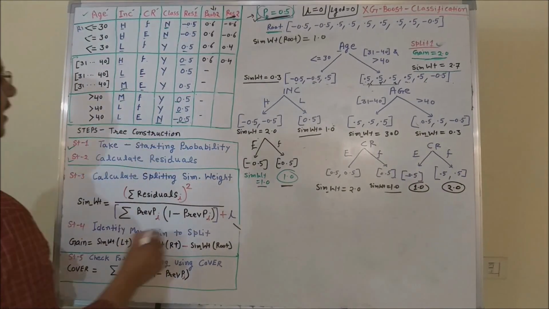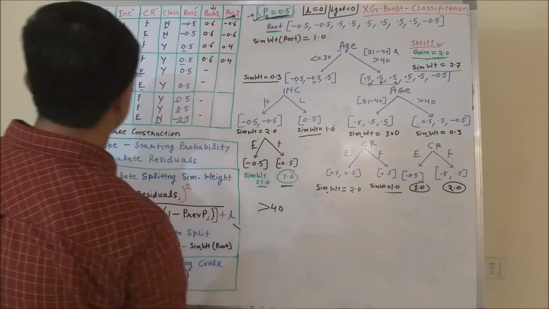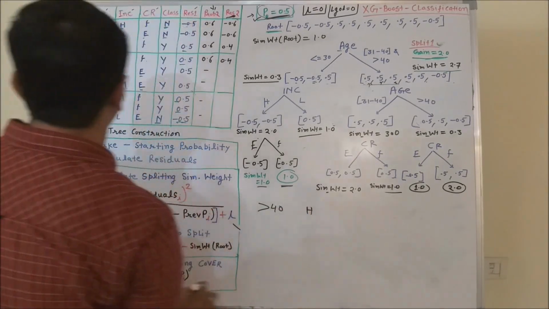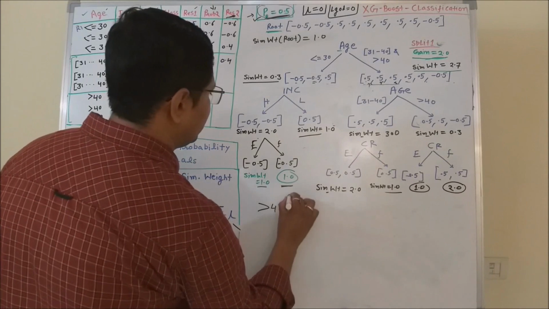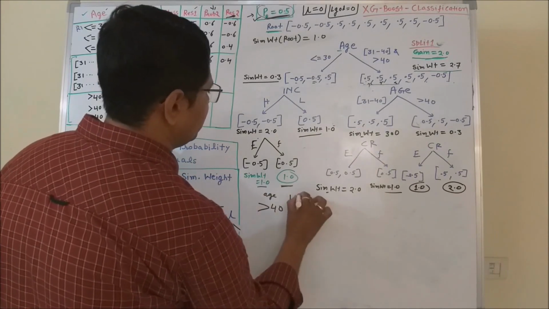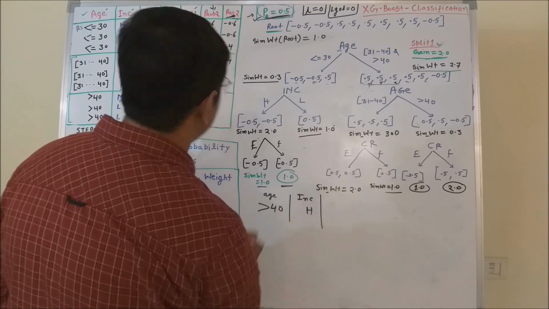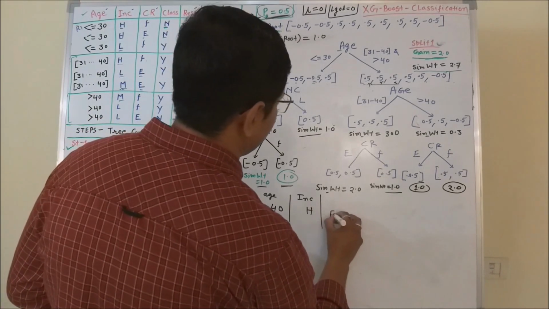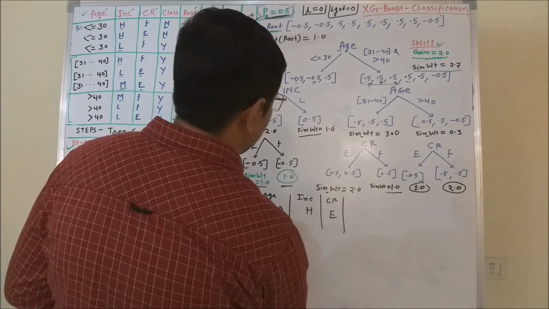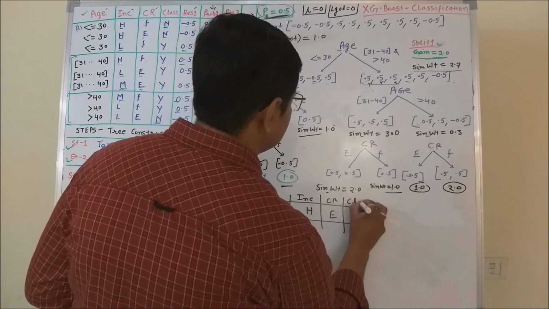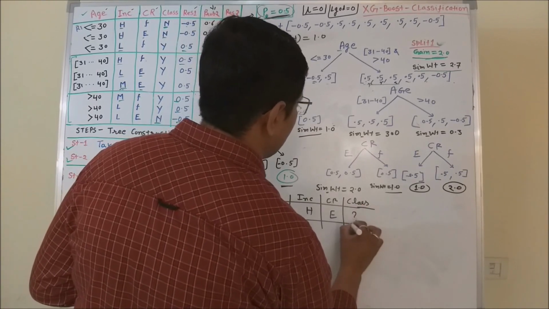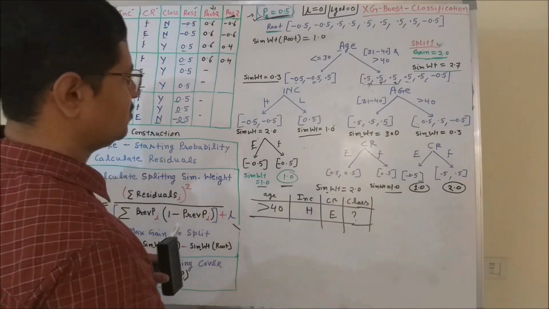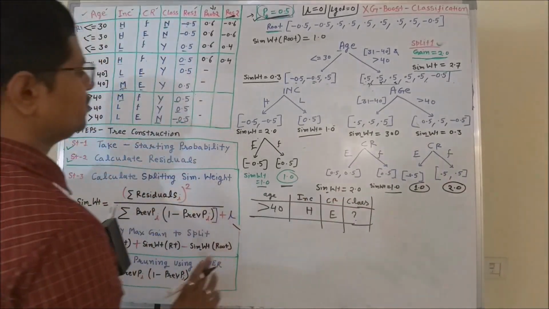Suppose our new value is age greater than 40, income is high, and suppose credit rating is excellent, then what may be the class? As I have prepared only one tree, the score may not be very good, but how to compute this?